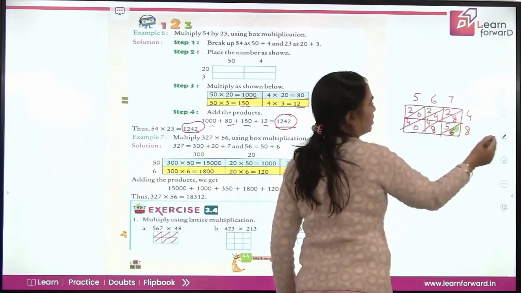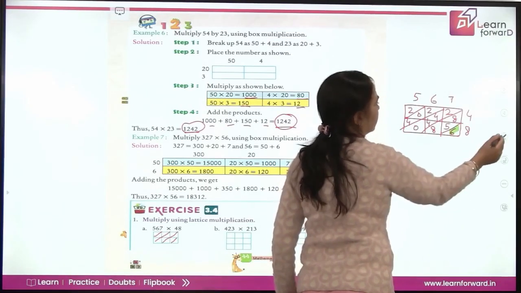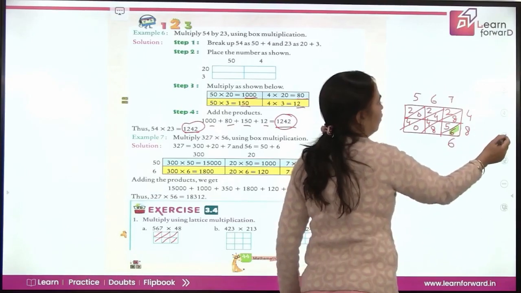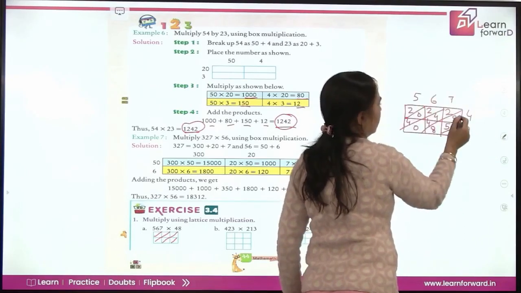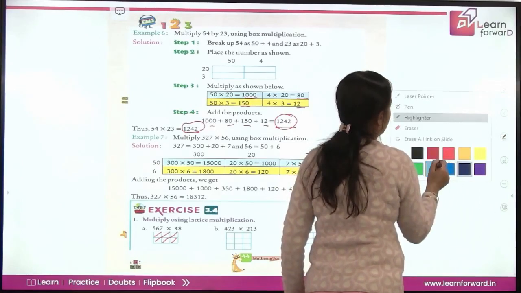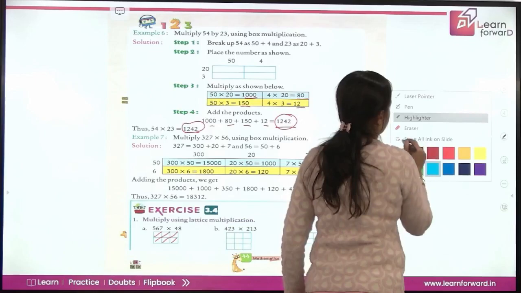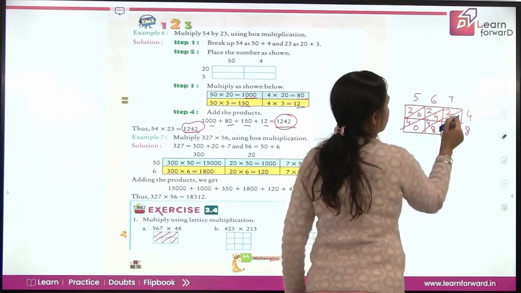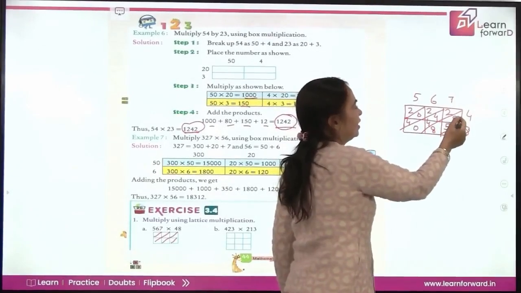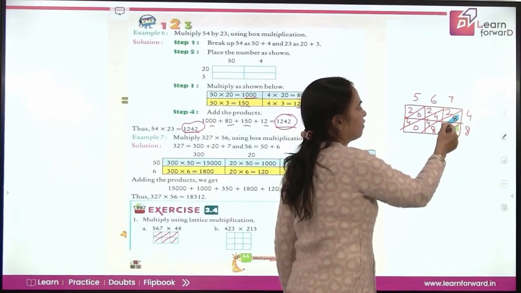So you have just 6 here. Next is, we'll be adding 8 plus 5. This is very dark. Let me take a lighter shade. Yes. Now we'll be adding the next slanting line. So 8 plus 5 plus 8.